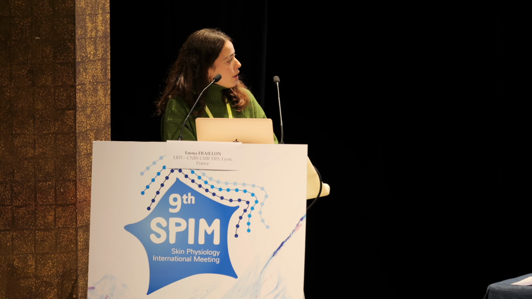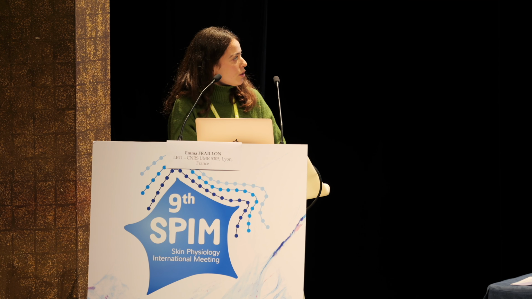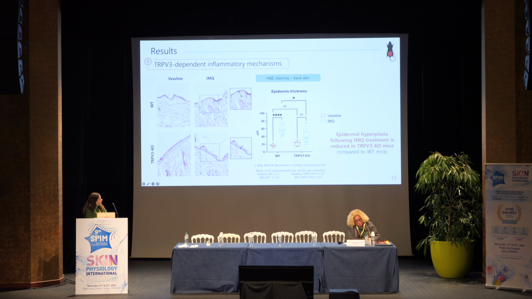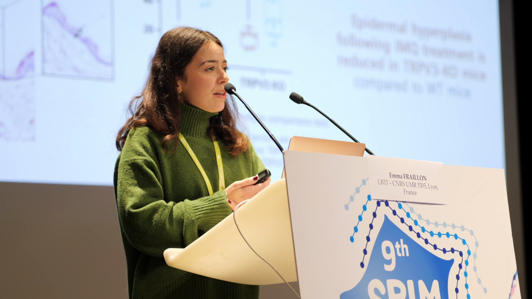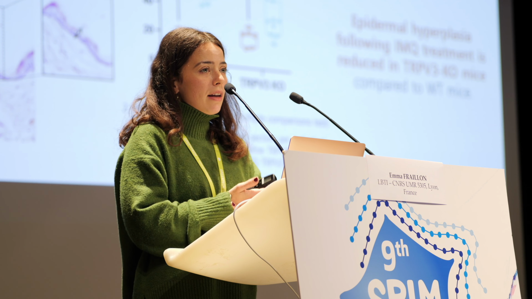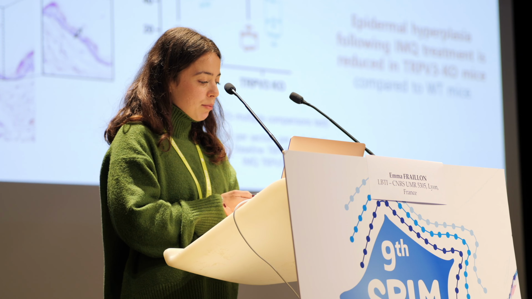So we did several measurements on other individuals, and you can see here that epidermal thickness of TRPV3 KO mice after imiquimod treatment was significantly reduced compared to wild-type mice. This suggests that TRPV3 could regulate epidermal hyperplasia following imiquimod treatment.